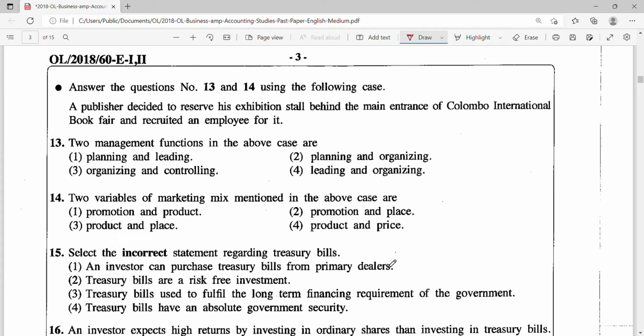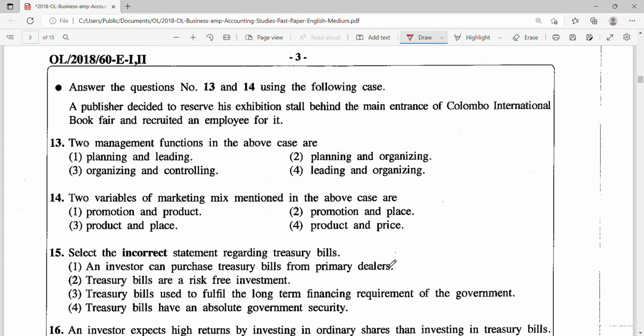Now, in this case, what two management functions are they talking about? Are they comparing the actual performance and expected performance? No. Are they motivating someone to do something? No. So of course controlling and leading are out of this case.